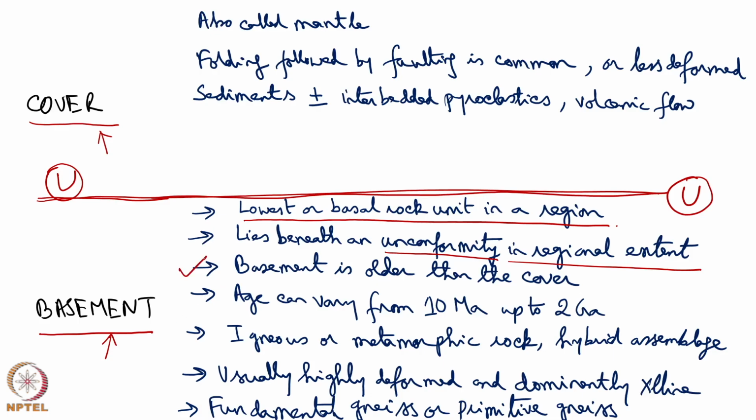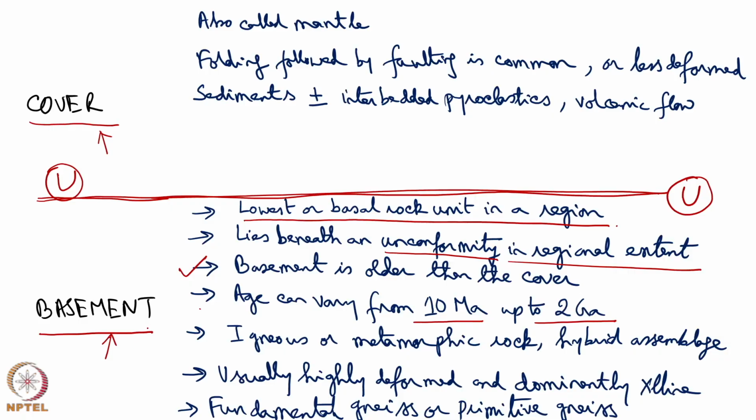Next statement, basement is older than the cover. This has to be because it is at the bottom and that is at the top, unless there is an overturn. The age of the basement can vary from 10 million years up to even 2 billion years. These are the general statements we are making from worldwide geoscientists' understanding of the basement and cover relationship.